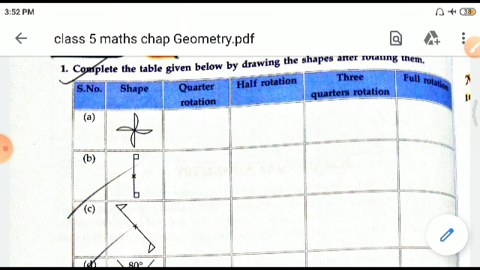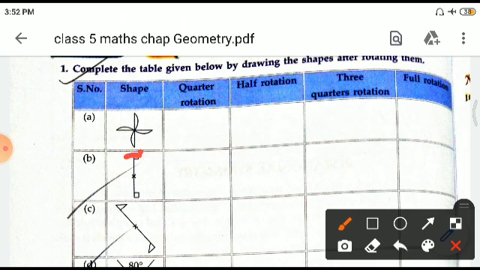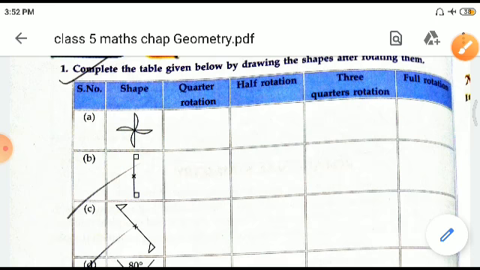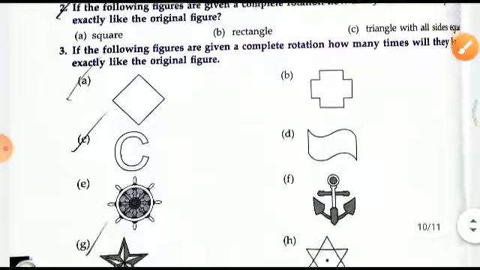Half the rotation also it won't be symmetry, right? Sorry, half the rotation, there will be symmetry, because the sides will change, right? In half the rotation, this end will come here and this end will go up, so it will show symmetry in half and full rotation, right? And this is how we need to do this exercise.